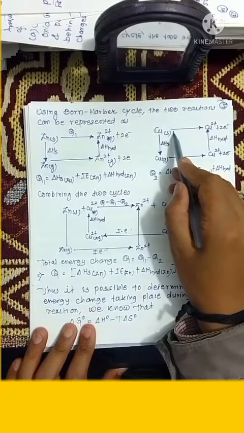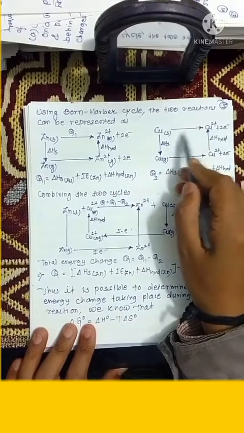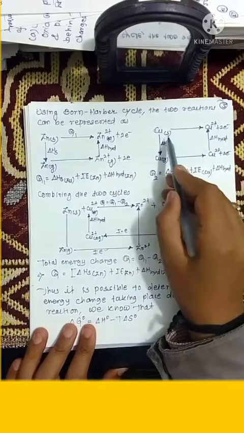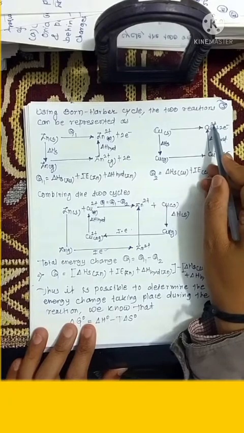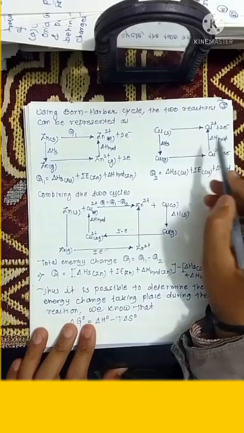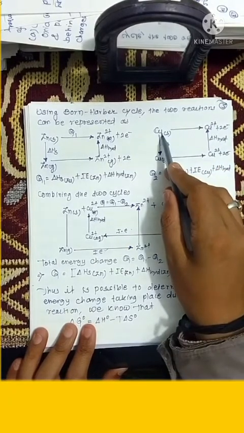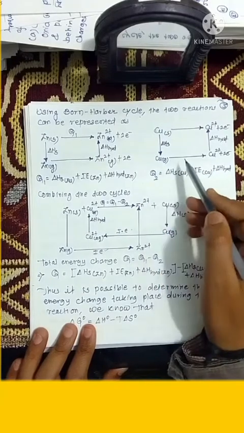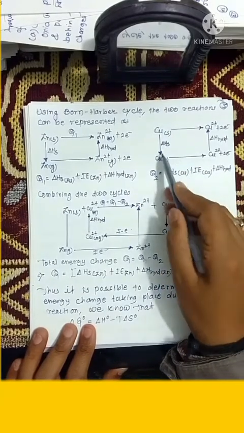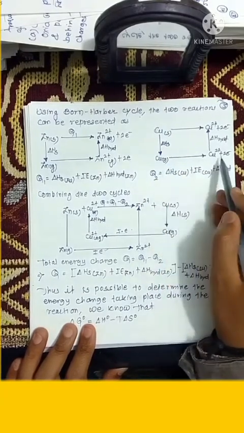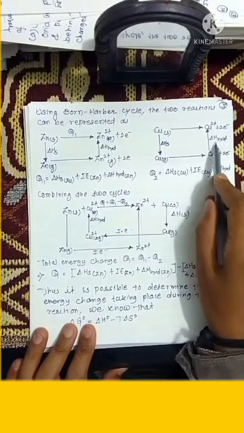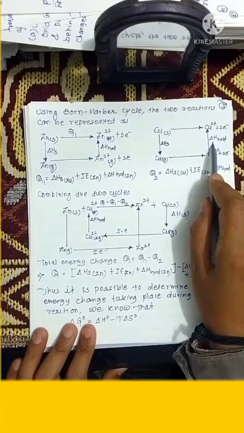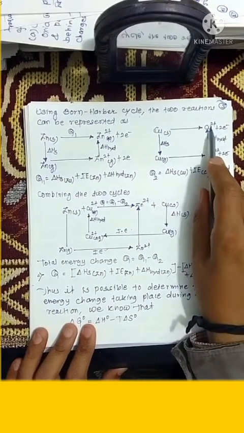The same thing is written on the right hand side for copper. So copper solid is converted into copper 2+ and 2 electrons. So this solid comes into gas, then copper 2+ gas, and then it goes to the solution form.